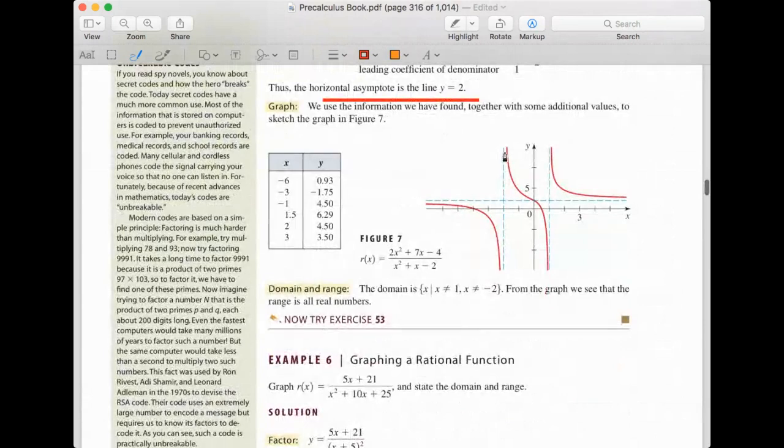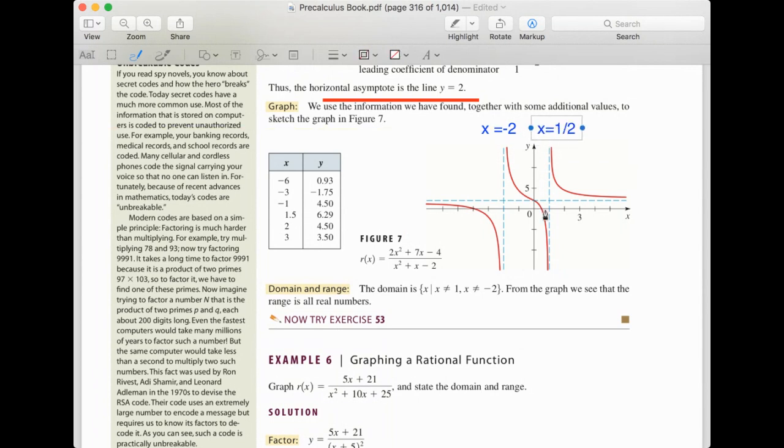So we have x equals a half, x equals negative 2, 2 vertical asymptotes, we put it as a dotted line. And y equals 2, we put it as a dotted line. All right? So let me put it over here. So this vertical line has the name x equals negative 2, and this one is x equals a half.